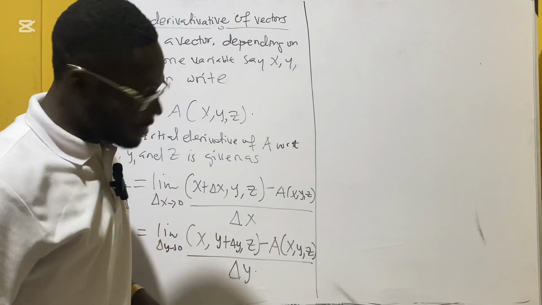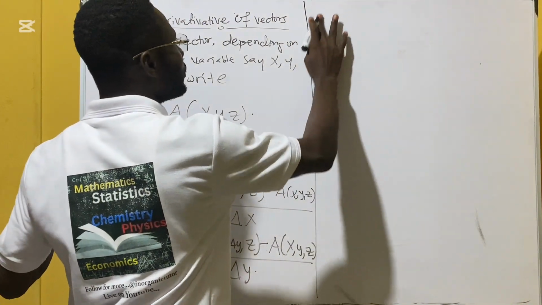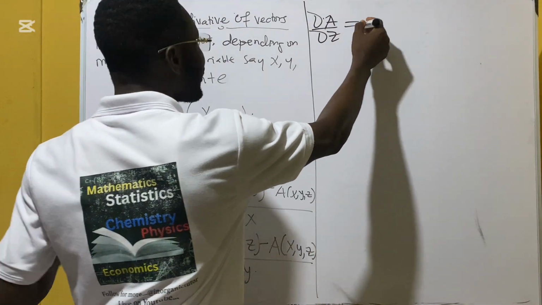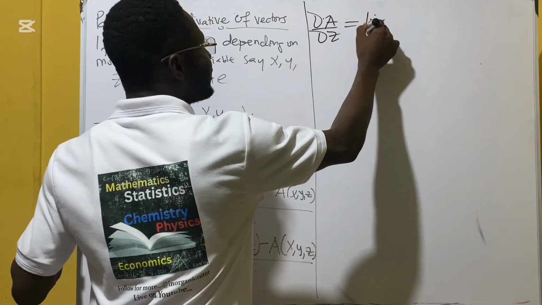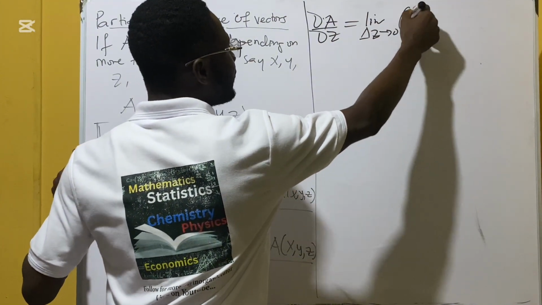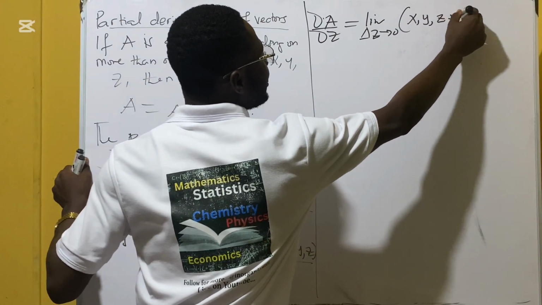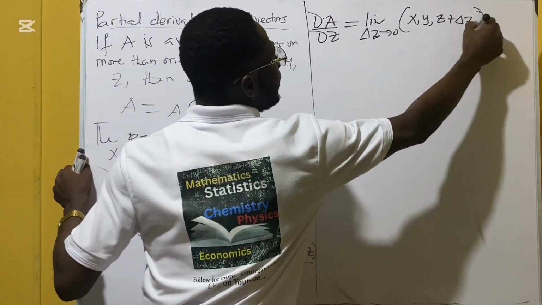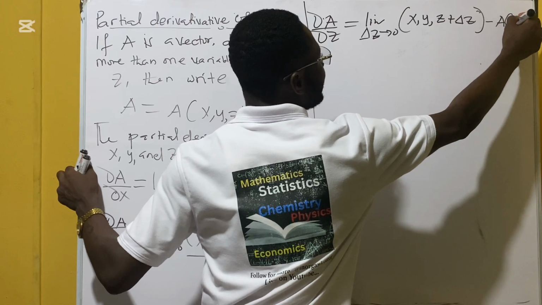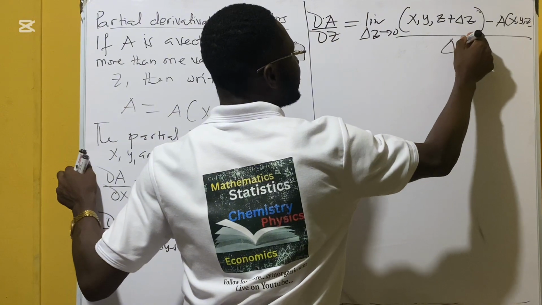And the differential of a with respect to z will be equal to the limit as change in z approaches 0 of a of x, y, z plus change in z, minus a of x, y, z, all over change in z.